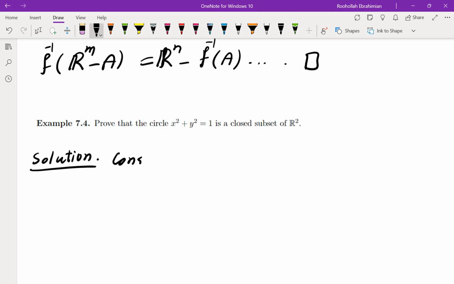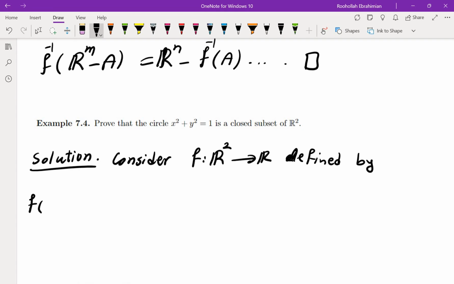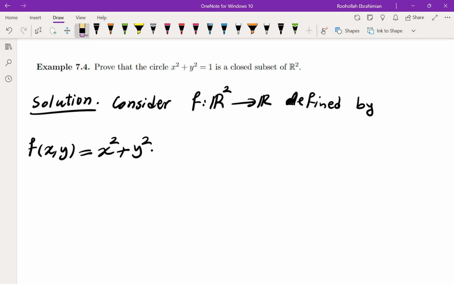So consider this function f from R2 to R defined by f of x comma y equals x squared plus y squared. Now this is a polynomial, therefore it is continuous. We had seen that before.